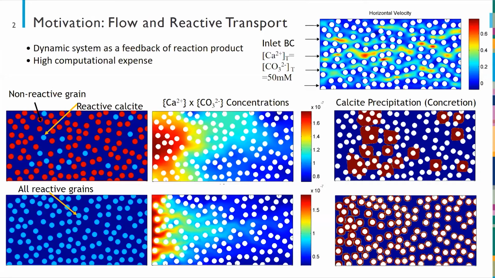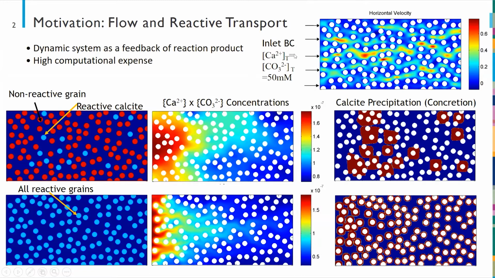So the motivation is related to flow and reactive transport. However, we can apply this to many different science-related problems involving flow and transport. Here I made an example of reactive transport in the presence of typical grains, which are obstacles for flow and transport.